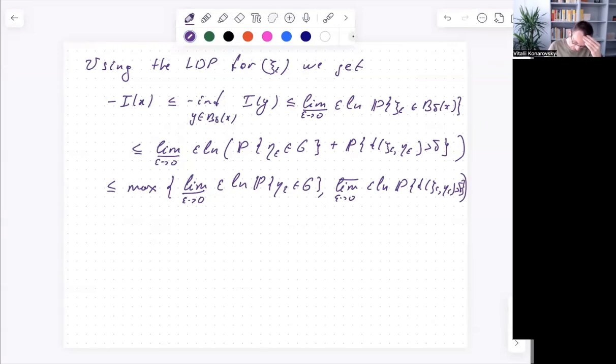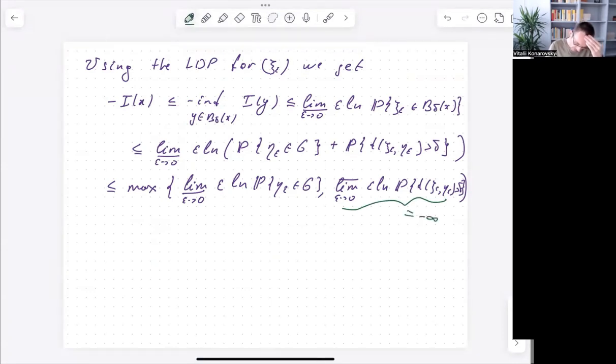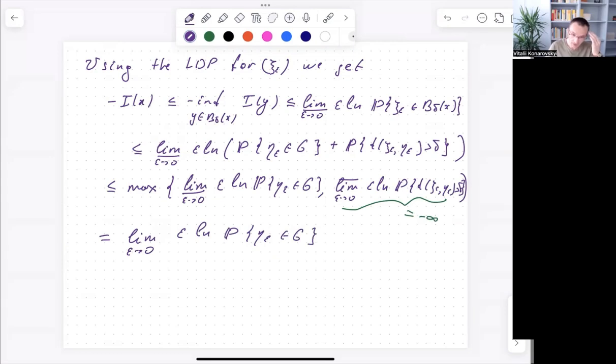And you see that this limit is equal to minus infinity by the exponential equivalence, and we come to the conclusion that it is equal to lim epsilon goes to 0 of epsilon logarithm of the probability that the approximation at epsilon belongs to G. And this was done for every point x from the open set G.